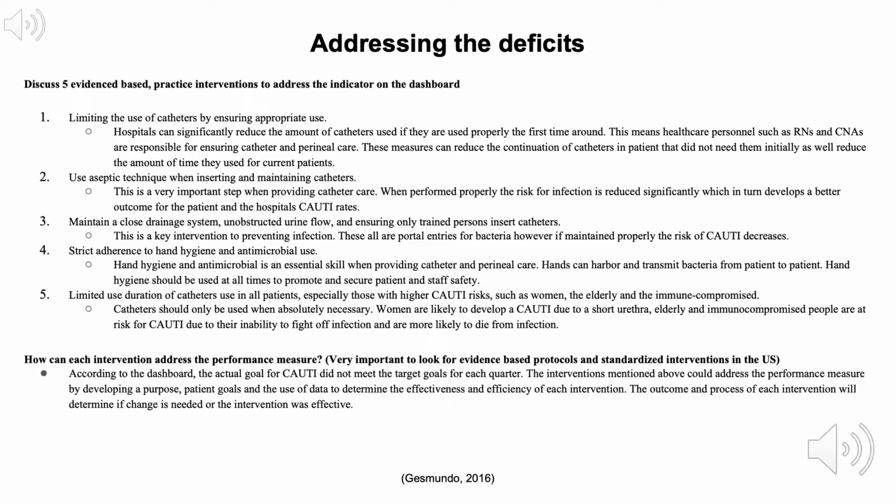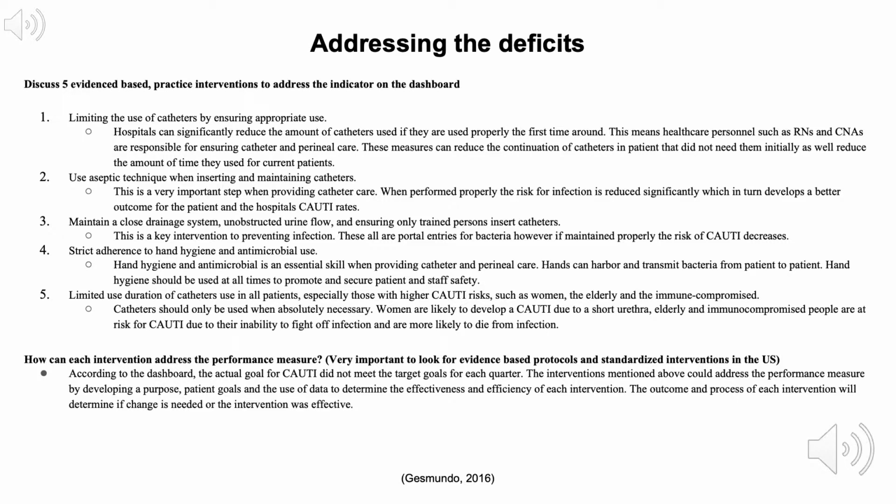The first intervention that this journal stated is limiting the use of catheters by ensuring appropriate use. Hospitals can significantly reduce the amount of catheters used if they are properly used the first time around.